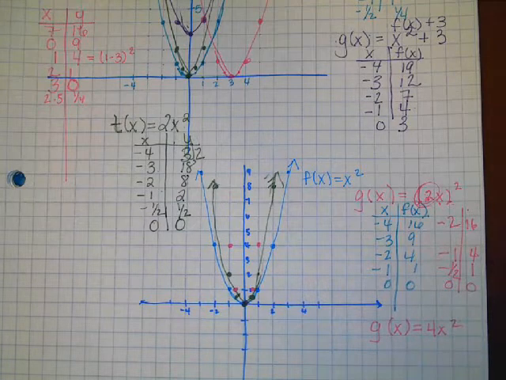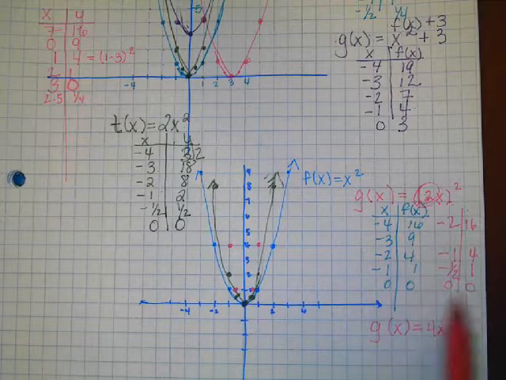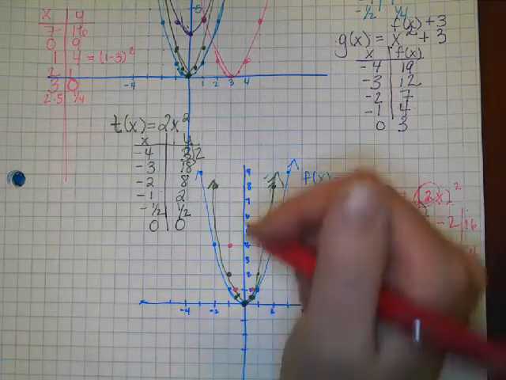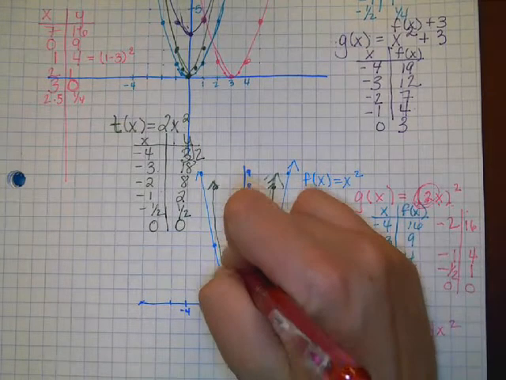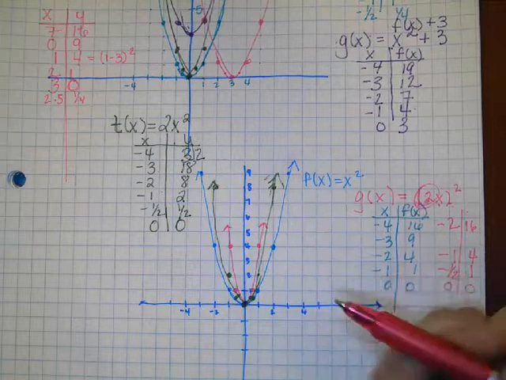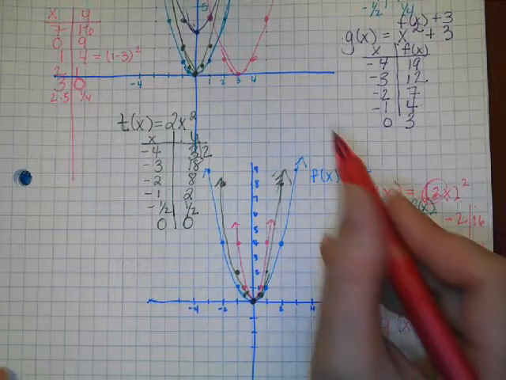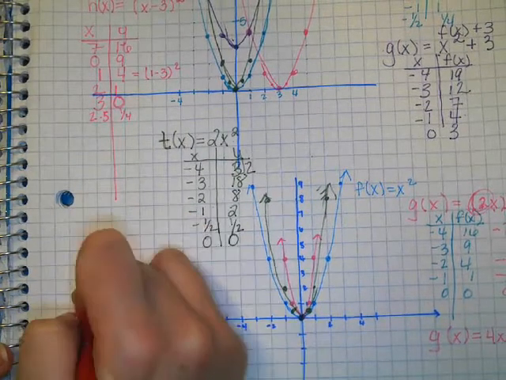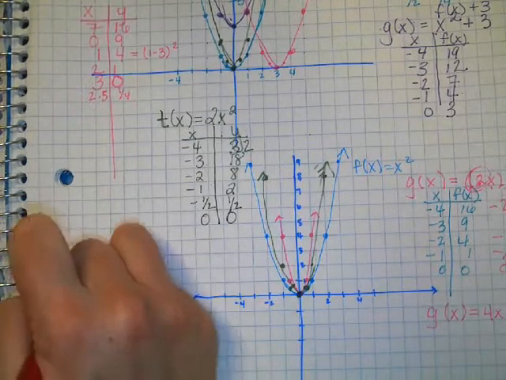So this horizontal compression of 1/2 is the same thing as a vertical stretch of 4. Right? So then I have negative 2, 16 and positive 2, 16. Well, that's way up here, right? So I have a graph that's really, really steep now. It's been squished in horizontally and pulled vertically.